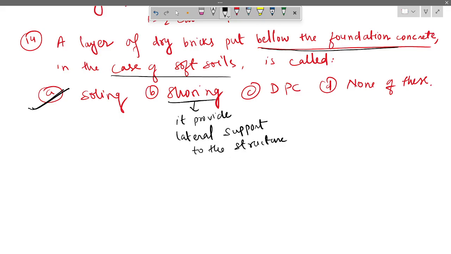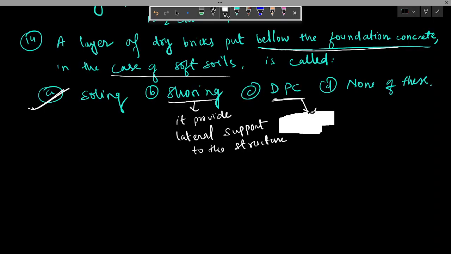What is the full form of DPC? It is damp proof course.